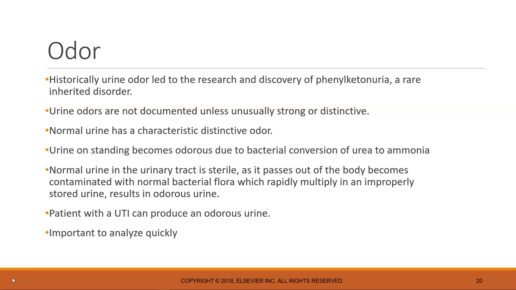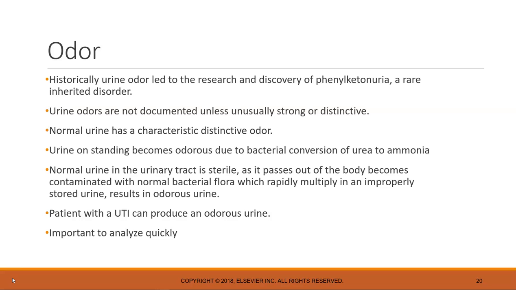Normal urine in the urinary tract is sterile. There's no bacteria. As it passes out of the body, it becomes contaminated with normal bacterial flora, which rapidly multiply in improperly stored urine, and this results in an odorous urine. And you haven't lived until you open a container that has been sitting on the floor improperly stored for several hours.